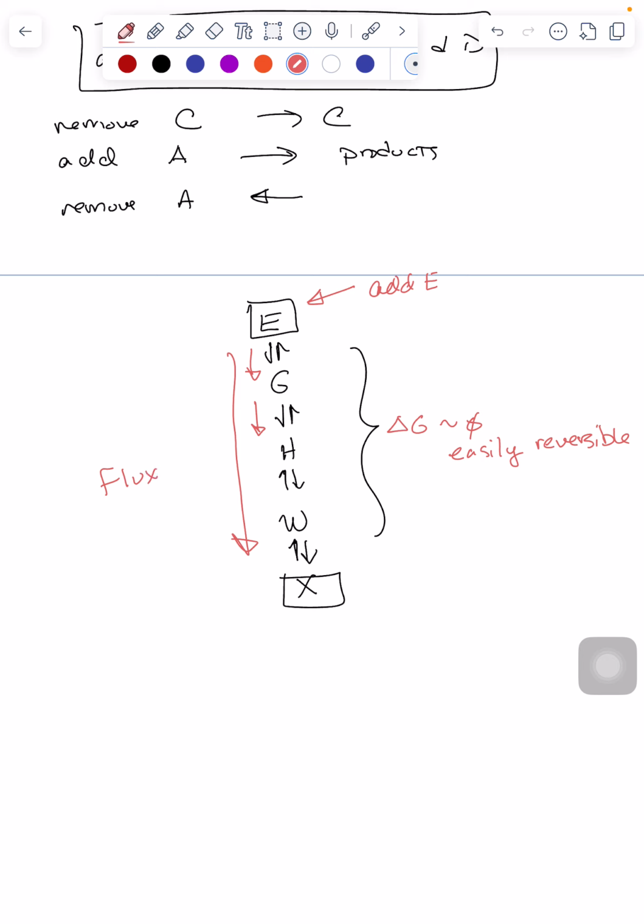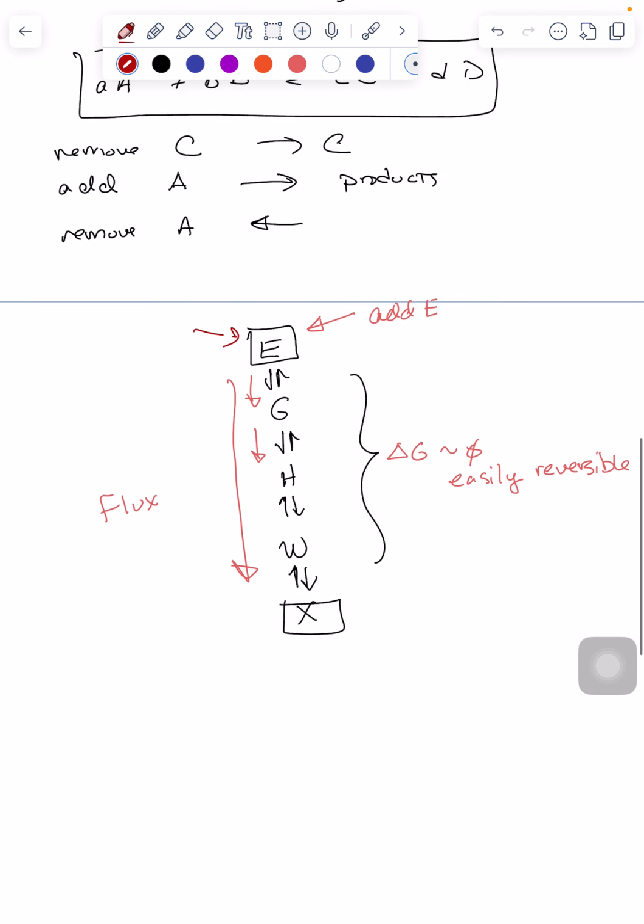And these perturbations of equilibrium that influence the amount of reactions or flux through a pathway are controlled at certain points, and these are the regulatory points. Those regulatory points tend to be at the beginning or the end of a pathway.